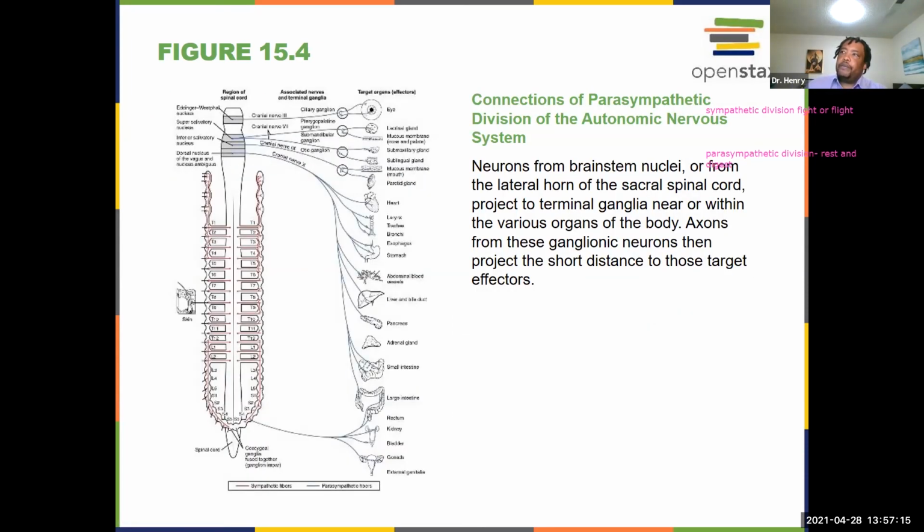So with the parasympathetic, these neurons are going to be found in the brain stem or in the lateral horn of the sacral spinal cord. In other words, the upper part of your neck in this area here. So in this case, these axons are going to project short distances to target effectors.